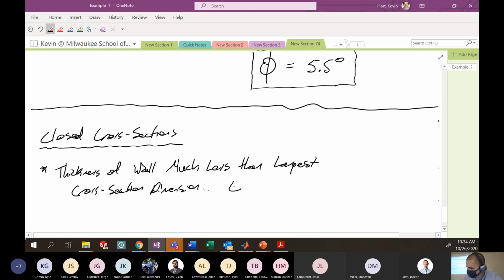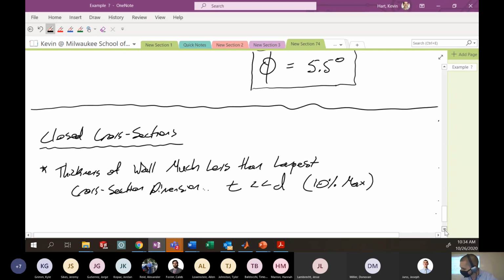Okay, so let's say the thickness is much, much less than D, where D is some dimension of the cross section. We'll say like 10% max. Even though we just did a problem that was 12.5%, don't tell the professor.